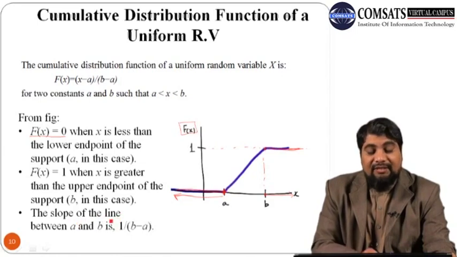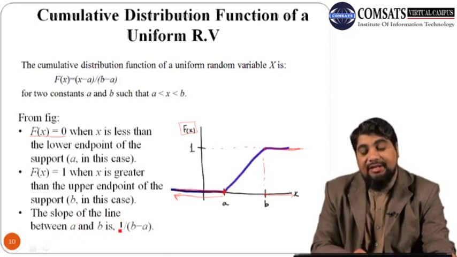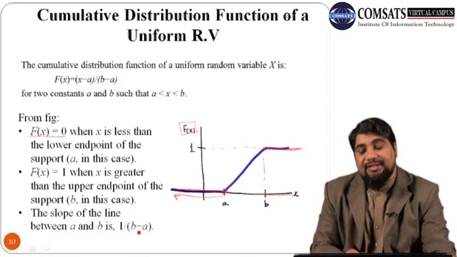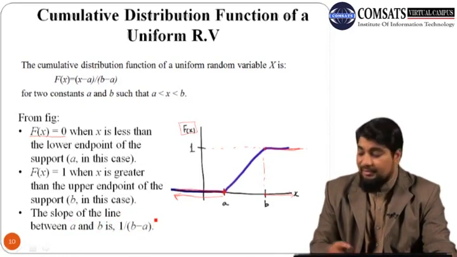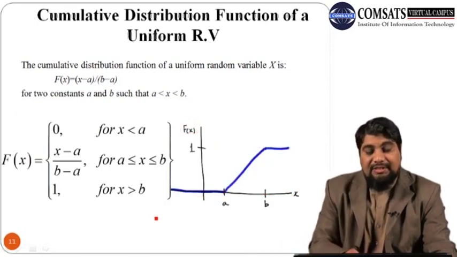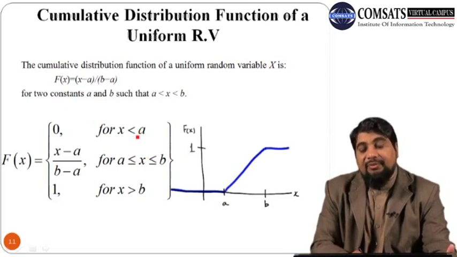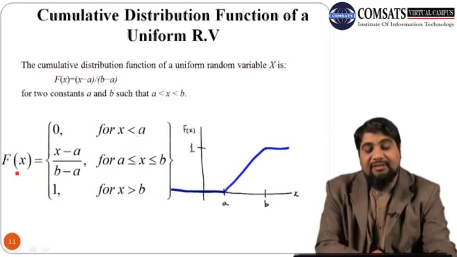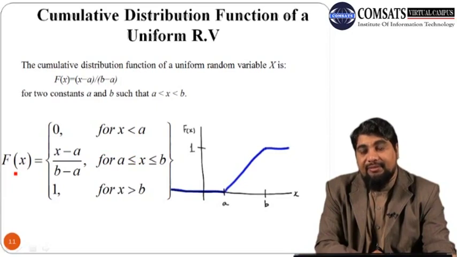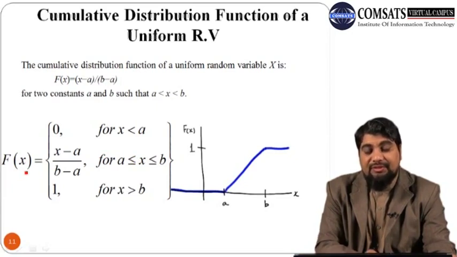And the slope of the line between A and B is 1 over B minus A. Using these three ideas, we can write the complete CDF of random variable x which follows uniform distribution.